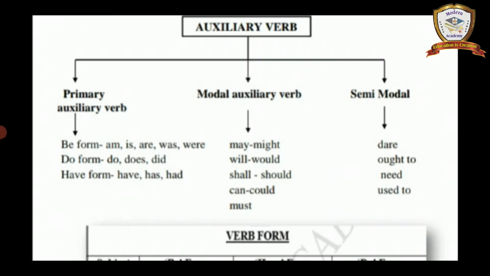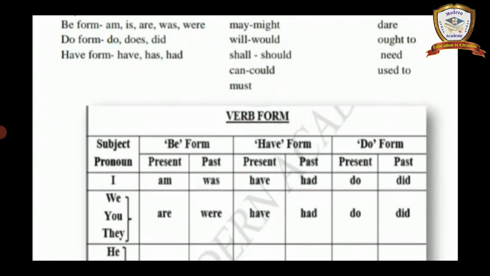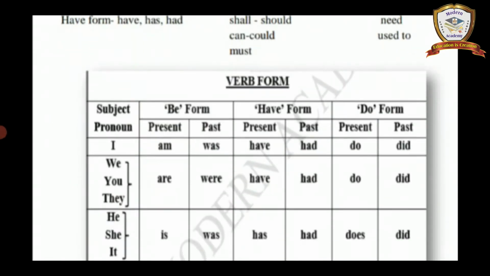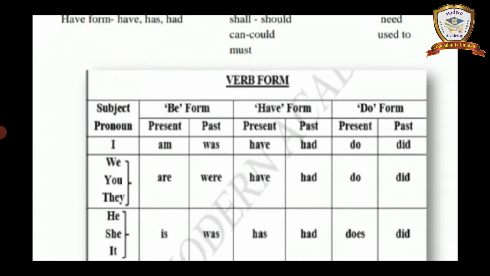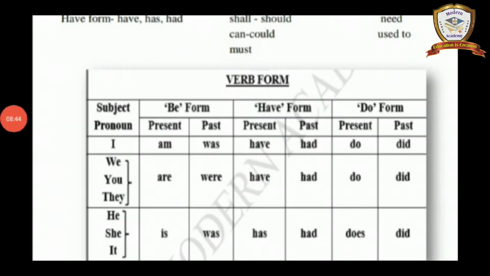Okay, students. Now see here, after the tabular column they have given the verb form. In the primary verb form they have given be form verb, have form, do form. Be form will be used in present and past.